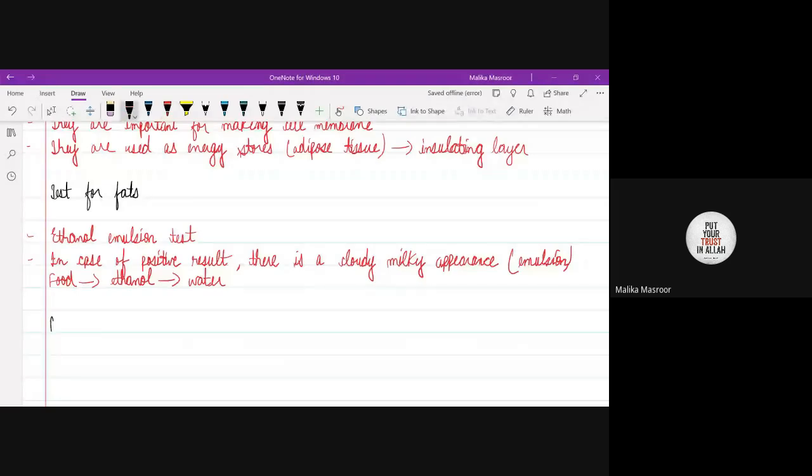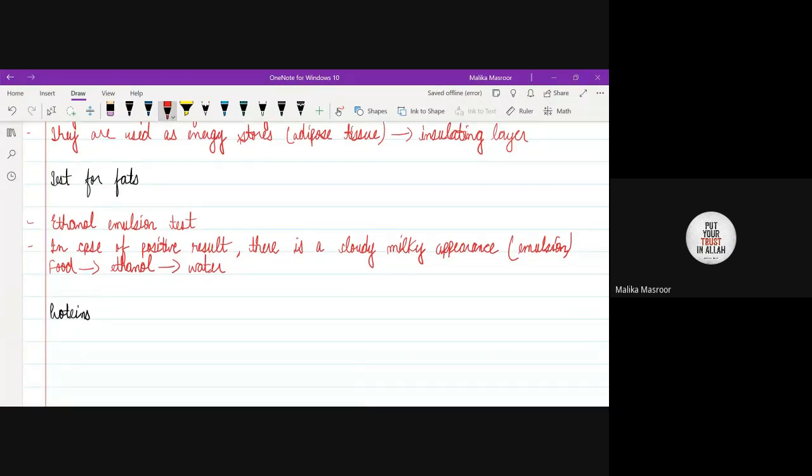Now let's talk about proteins. Proteins contain the four elements: carbon, hydrogen, oxygen, nitrogen. Sometimes sulfur as well, but sulfur is not as common, so you can say sometimes sulfur.